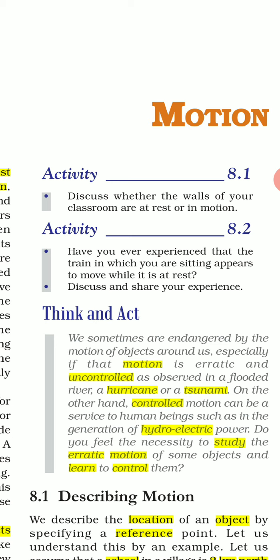And at 11 o'clock also the wall is in the same position, and at 12 o'clock also it is in the same position, and even at 5 o'clock the wall is in the same position. So we say that the wall is at rest. Time is changing, but the wall is not changing its position.